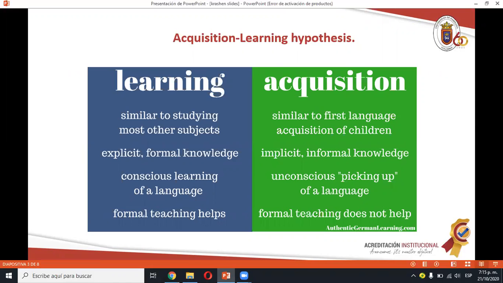But on the other hand, acquiring a language refers to the subconscious process of learning, similar to the way we learn our native language, which in other words are all the things acquired by interaction with the field and with people. For example, the interaction with native people when we learn a second language will result in a meaningful knowledge because it will be related with daily life ways of communication.